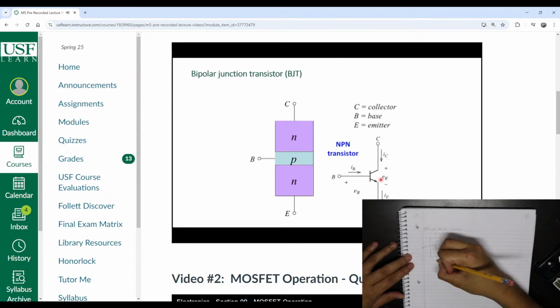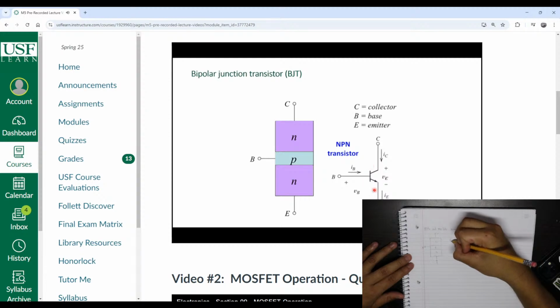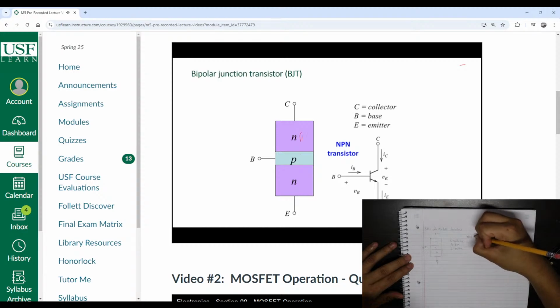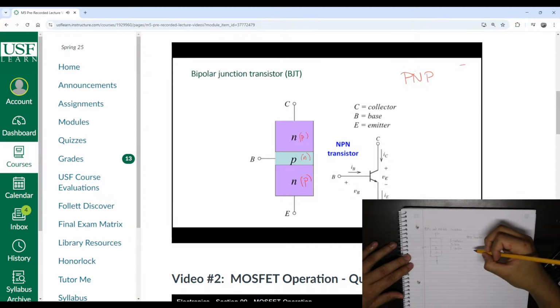On the bottom right here, you have the circuit symbol for this BJT transistor. And please note that this is known as an NPN. If you switch these regions, if you didn't have an N on top of P on top of N, but you had a P on top of N on top of P, you would have what we call a PNP transistor.